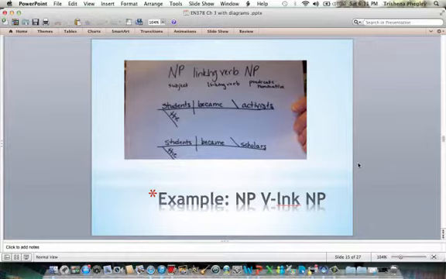Basically, our textbook is kind of stepping back and taking bigger picture descriptions of things. Rather than giving a separate name for the subject and a separate name for the predicate nominative, they're calling it a noun phrase.